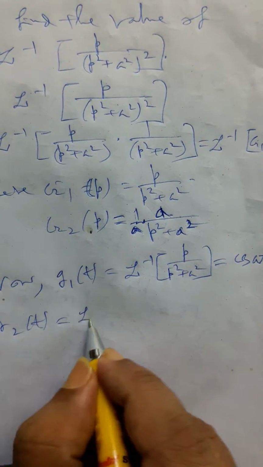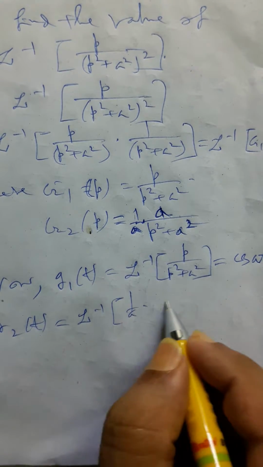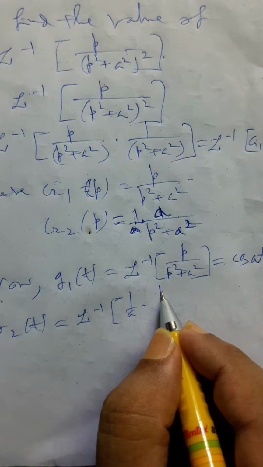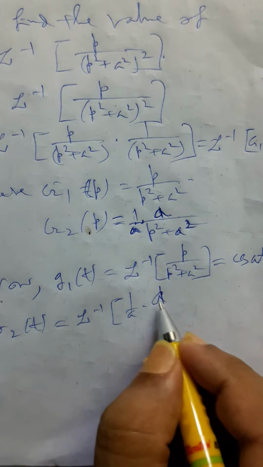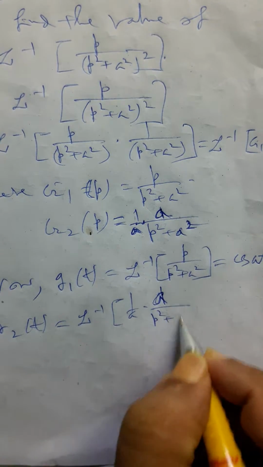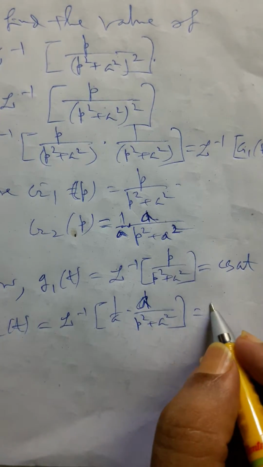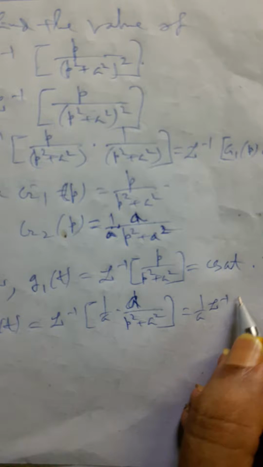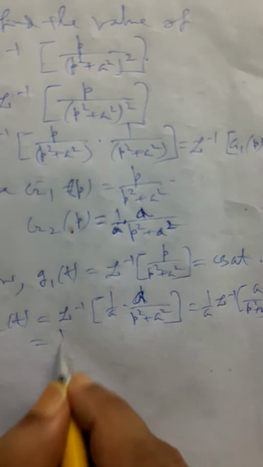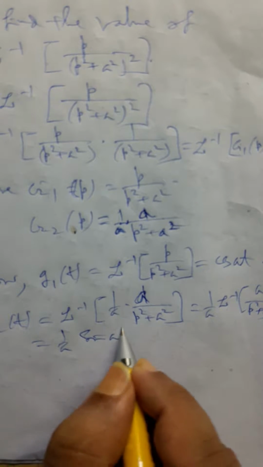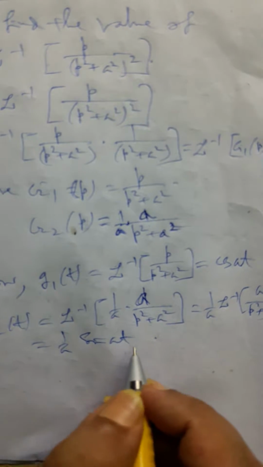We will have 1 by a times L inverse of a by p square plus a square. So it will be 1 by a sine of at. It's a standard result.